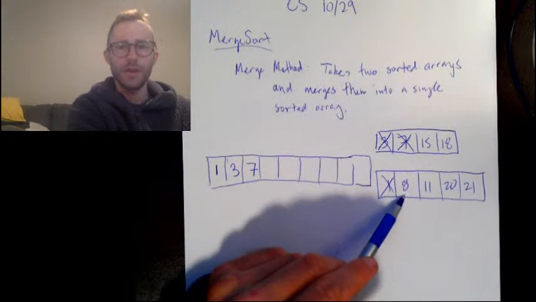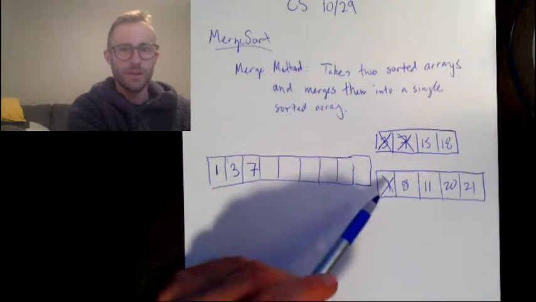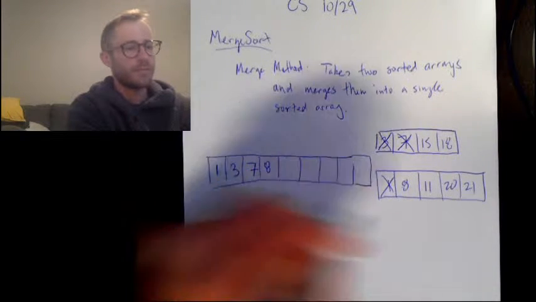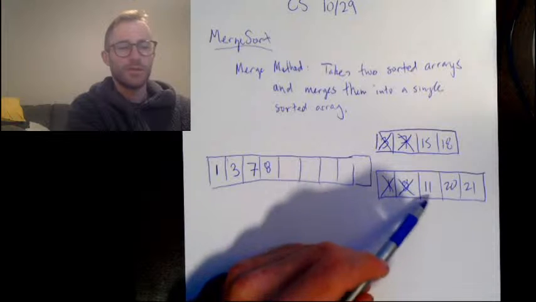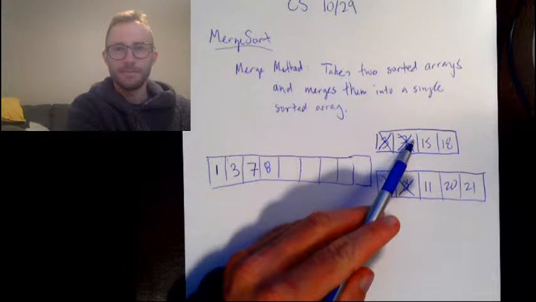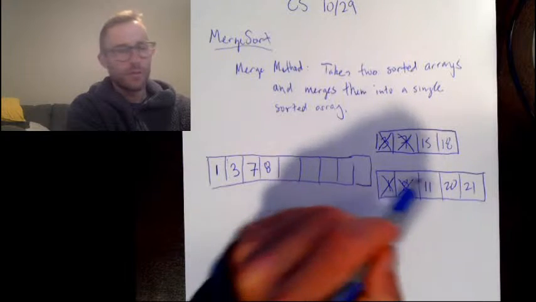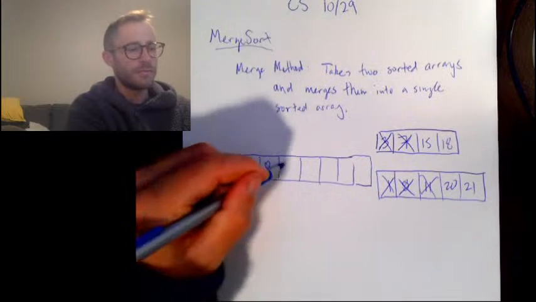Then it's going to compare 8 with 15. 8 is smaller than 15, so it puts 8 there. Compares 11 with 15. 11 is smaller than 15, so it's going to put 11 in.